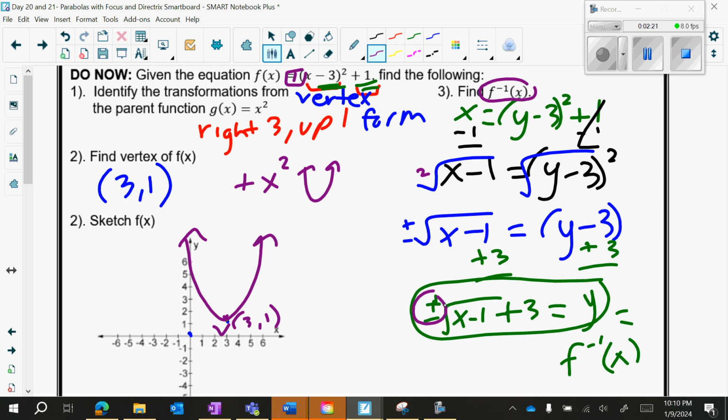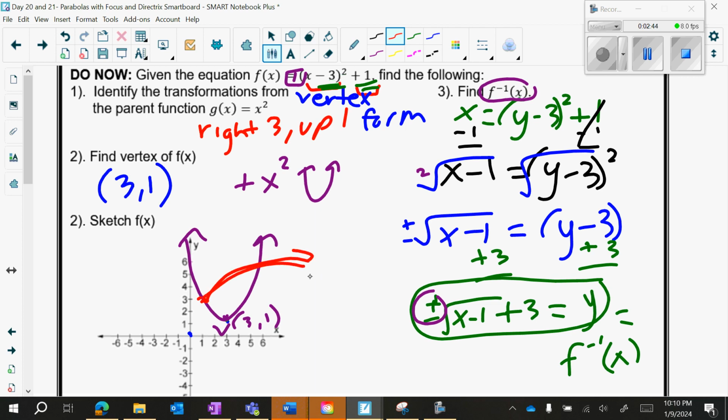So now just keep in mind, if I had graphed this, what would it look like? If you don't put the plus or minus, you're only going to get the positive piece of the parabola. So for example, the point 3, comma 1, when you reflect it, is going to be the point 1, comma 3. That's going to be the new vertex. And that 1, comma 3, then it's going to open up to the right.